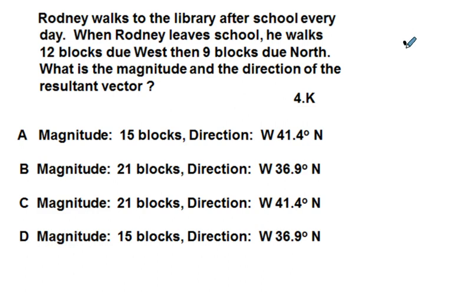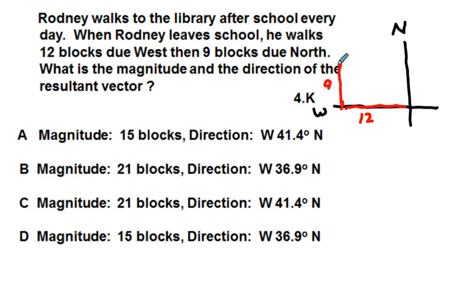So I'm going to just sketch a little vector of Rodney's walk here. So west is over this direction, and north is up here. And Rodney goes 12 blocks due west. So here he's walking 12 west, right here. So here's 12. And then he's coming up here and going 9 north.